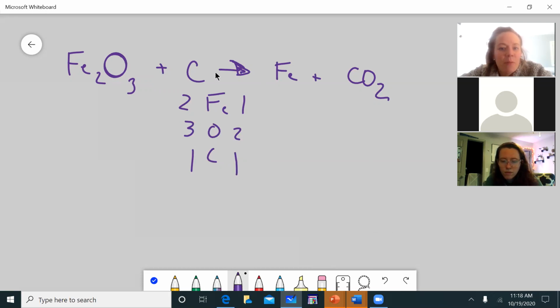All right, I'm going to leave carbon to the end. There's 2 irons here. We're in that odd-even thing again, so there's nothing I can put in front of here that's going to give me a value of 3. So I'm going to balance that out. If I put a 2 here, that will change this to 4. It'll change this to 6.